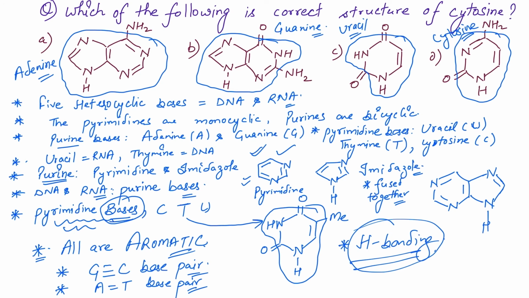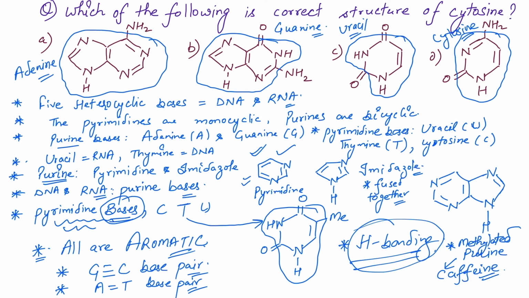So this is the whole detail of the heterocyclic molecules, the purines and the pyrimidines. And one thing more is that our caffeine is basically methylated purine. Now caffeine is basically a crystalline substance that is extracted from coffee or tea.